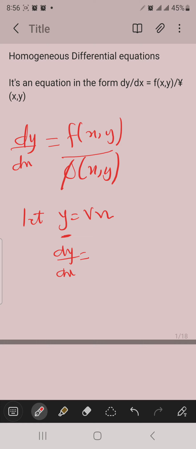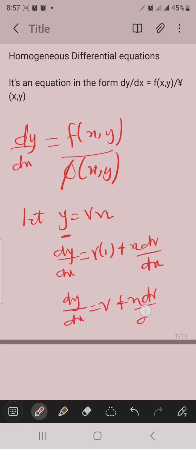When we differentiate with the product rule, we write down the first, v, differentiate the second, x, with respect to x, which is 1, plus write down the second, x, times the derivative of the first, v, which is dv/dx. So dy/dx equals v plus x dv/dx.